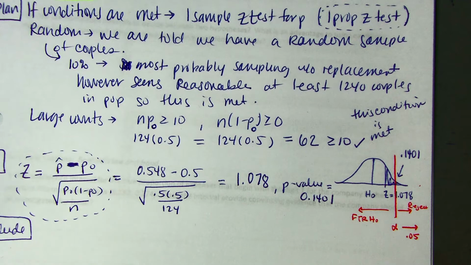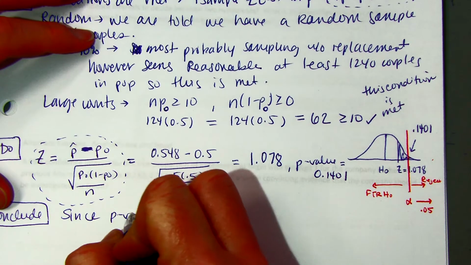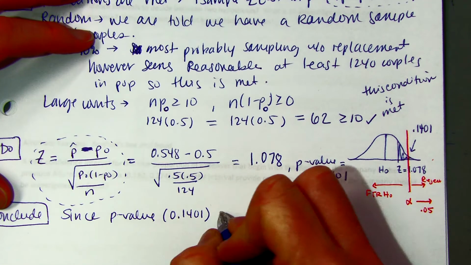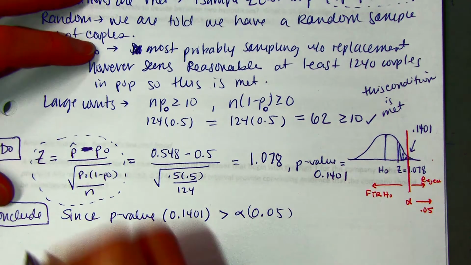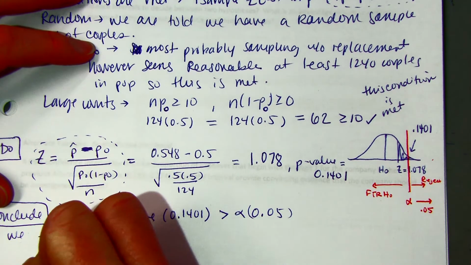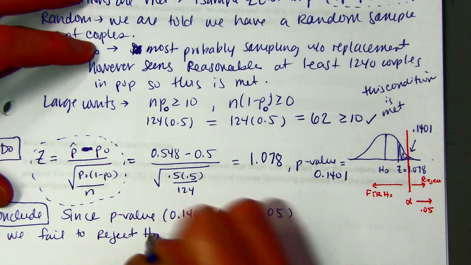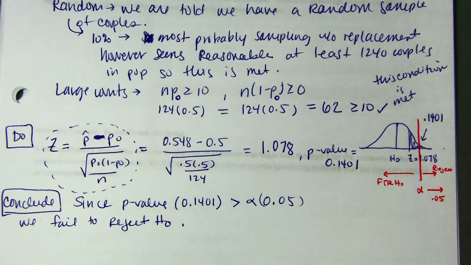So here's how I write this. Since the p-value of 0.1401 is greater than an alpha value of 0.05, then we fail to reject. We fail to reject, and you have to say what you're failing to reject. We fail to reject the null hypothesis. If I fail to reject, that means that we do not have convincing evidence.